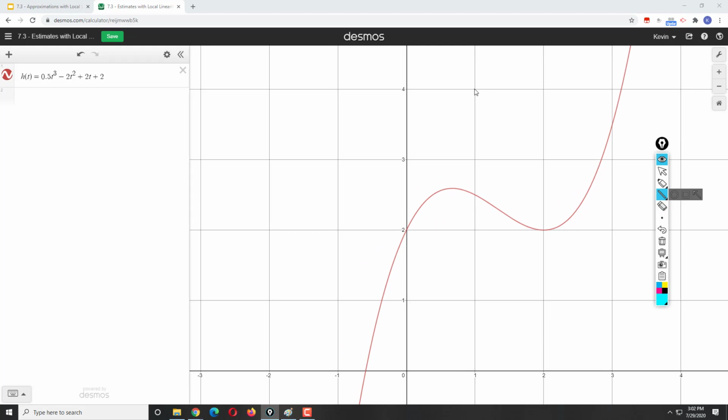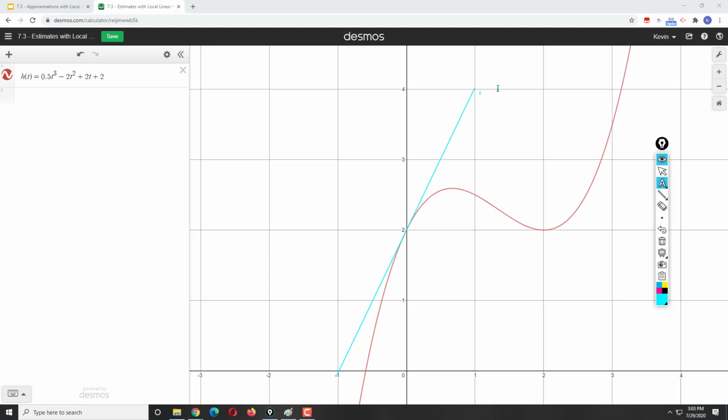The tangent line passes through our point and has the same slope. So for our graph, the tangent line looks like this. Why? Because it passes through (0, 2), and it has a slope equal to the slope of our function at t equals 0. So this line is called the tangent line.